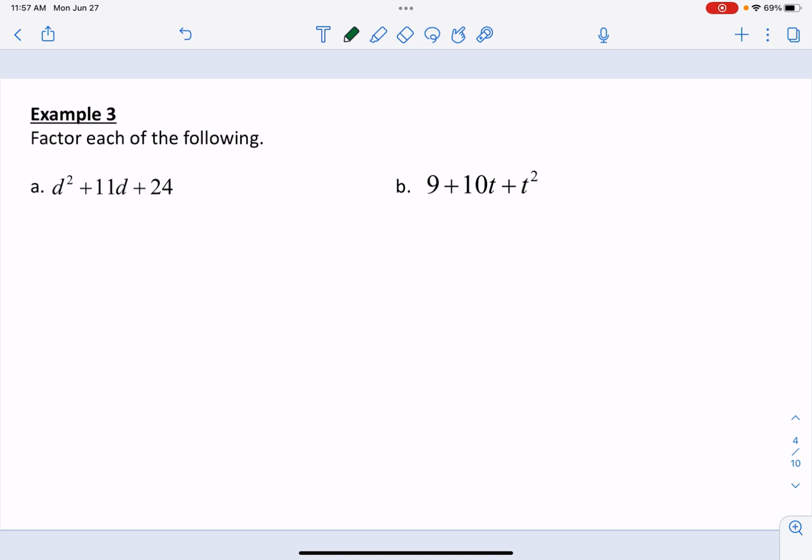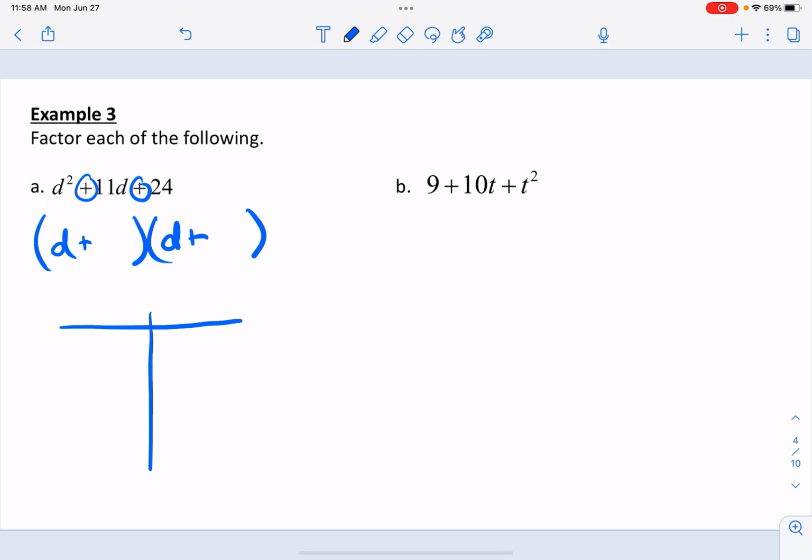Okay, now factor each one of these. So, we always start. Both of these are positive, so both of those are plus. So we want the factors of 24, and then we've got to figure out their sum.